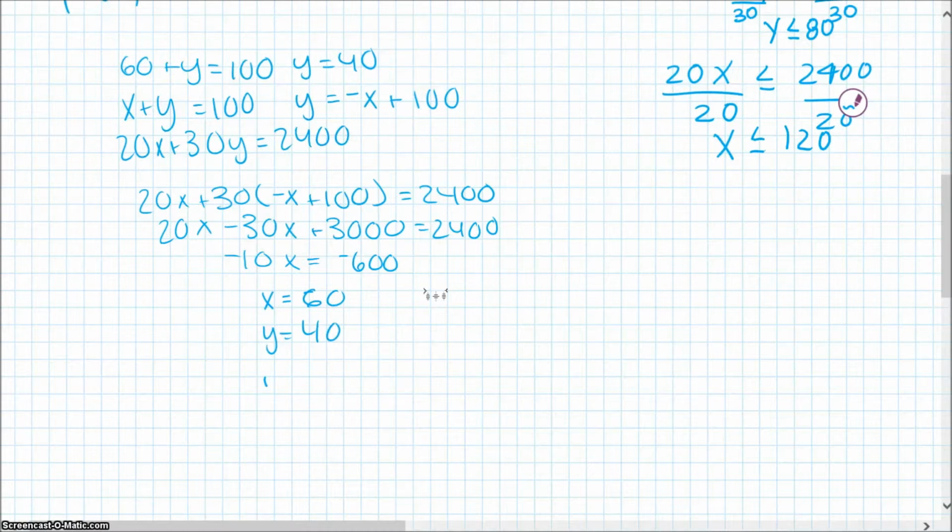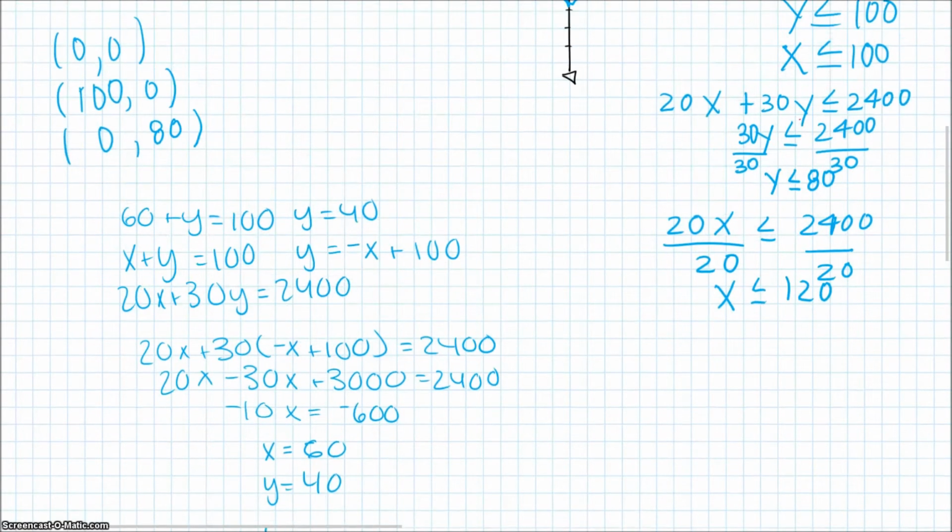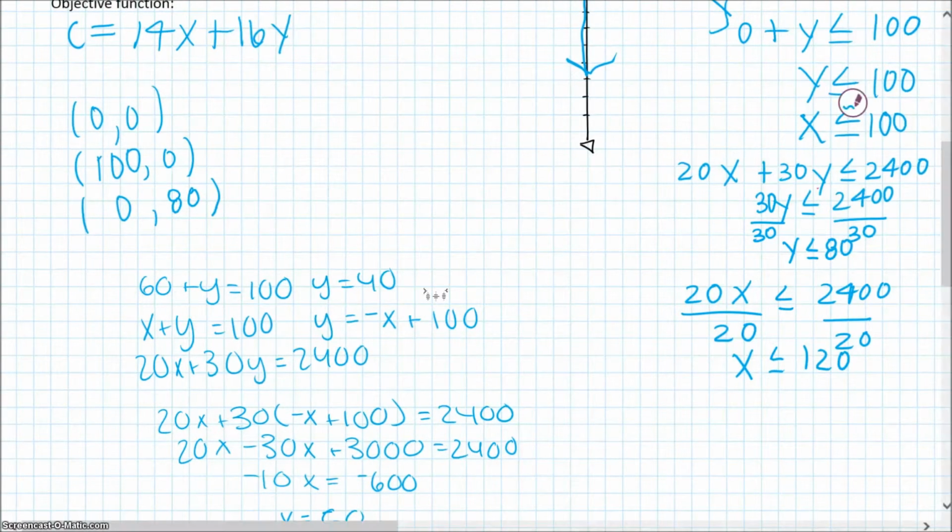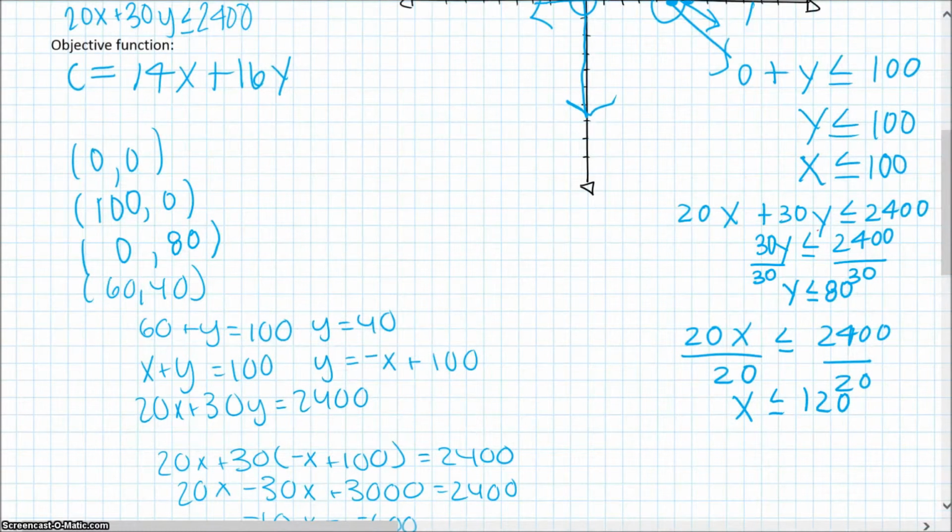Since we have all the vertices now, we can plug them into our objective function and find our minimum and maximum. So our objective function is c equals 14x plus 16y, so we will just plug in the vertices for each of them. So 14 times 0 plus 16 times 0 is 0.